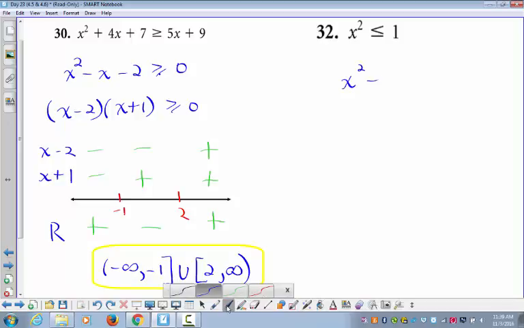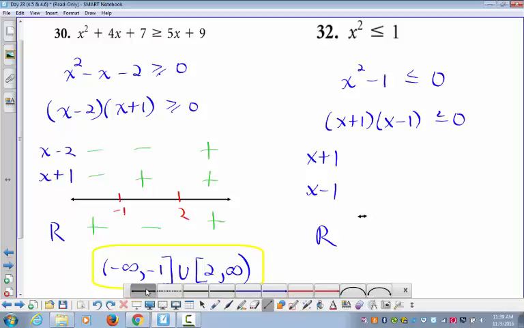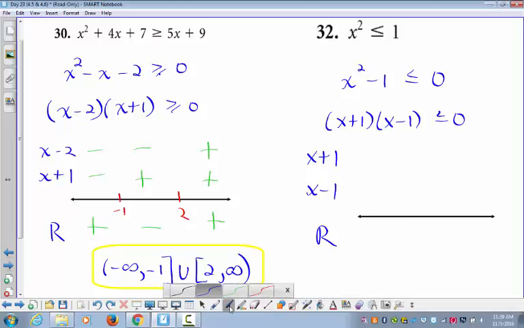Same process here. So with this one, our setup is going to look super similar.